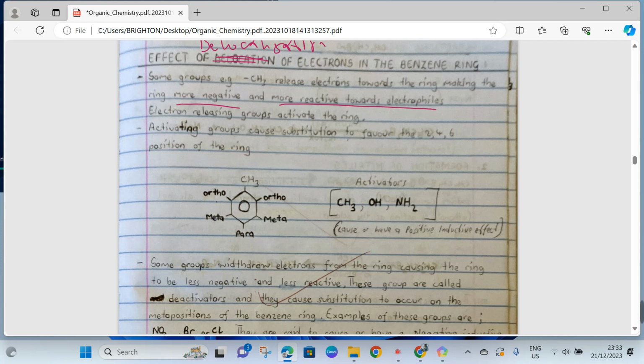So the CH3 group here is an example of what is called an activator. We also have an OH group and an NH2 group. These are all called activators. They tend to push electrons towards the benzene ring, making the ring more negative. They are said to have a positive inductive effect. These cause substitution to take place on the ortho and the para positions of the ring, right?